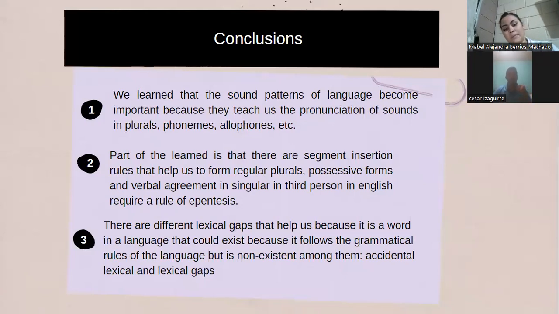One, we learned that sound patterns in languages are important because they teach us the pronunciation of the sounds in phonemes and allophones. Two, part of what we learned is that there are segment insertion rules that help us to form regular plurals, possessive forms, and verbal agreement in the third person singular in English. Number three, there are different lexical gaps, a word in a language that could coexist because it follows the grammatical rules of the language but is not existent, namely systematic and accidental lexical gaps.